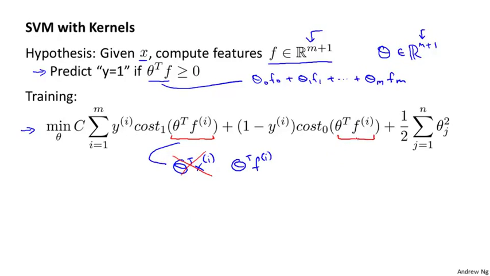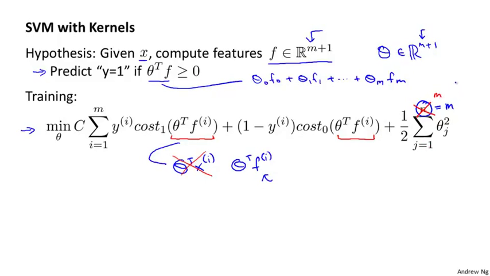And one last detail: for this optimization problem, we really have n equals m features. That is, the effective number of features we have is the dimension of f, so n is actually going to be equal to m. So if you want to, you can think of this as a sum from j equals 1 through m.